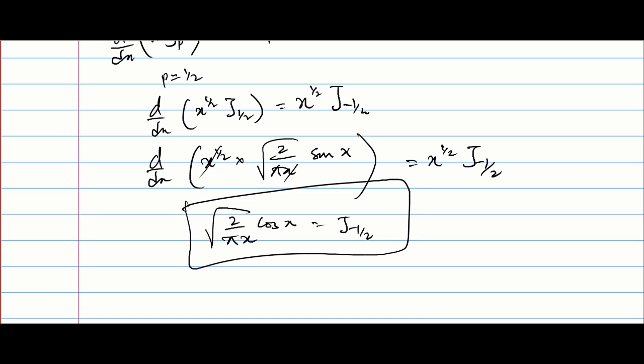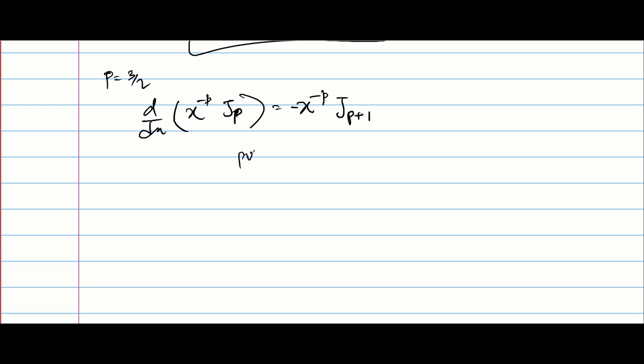Now if we want to find it for p equals 3 by 2, we'll use the relation d/dx of x^{-p} Jp is x^{-p} J_{p+1}. So put p equals half here.